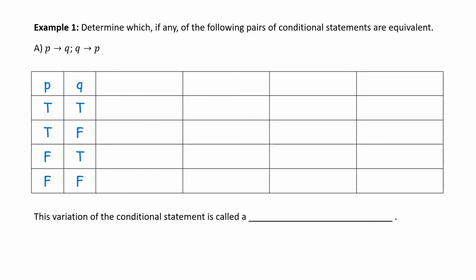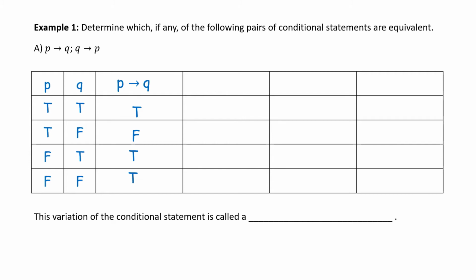Let's look at the definition of the conditional P implies Q. We have the definition memorized: true implies true is true, true implies false is false, false implies true is true, and false implies false is also true.